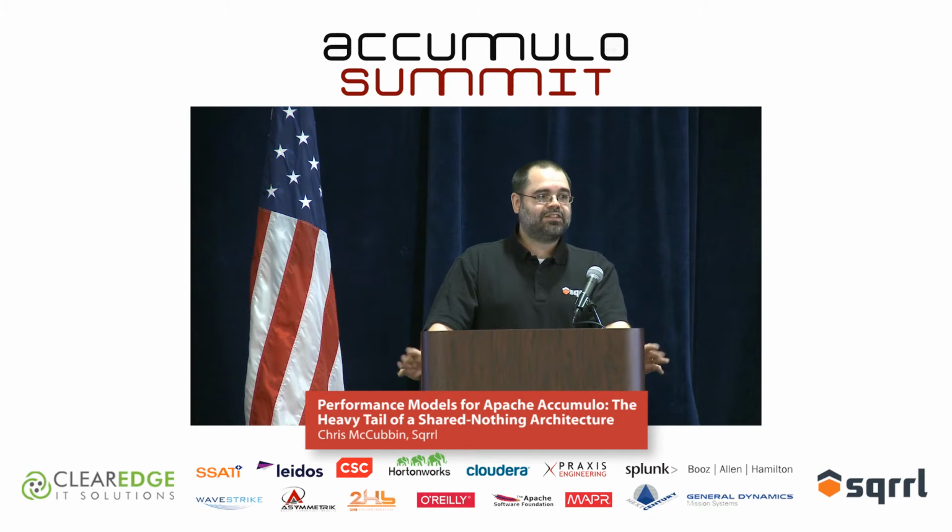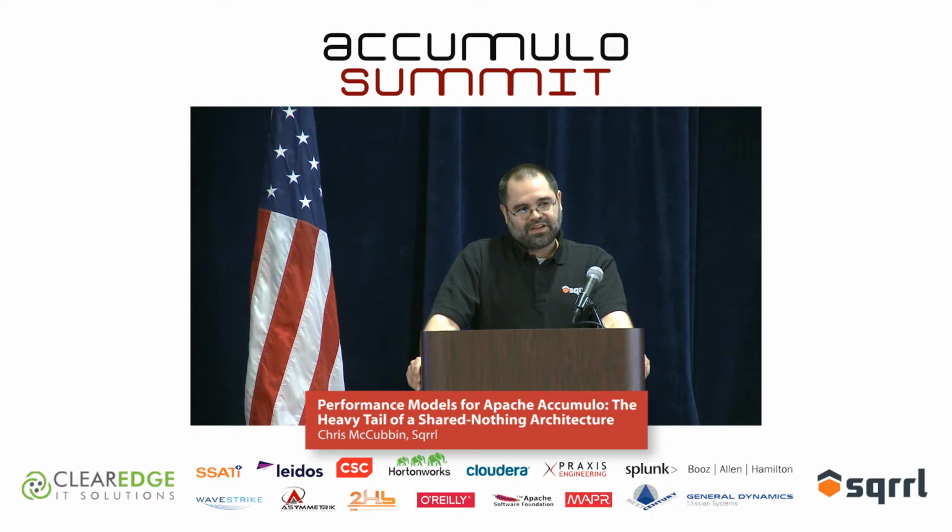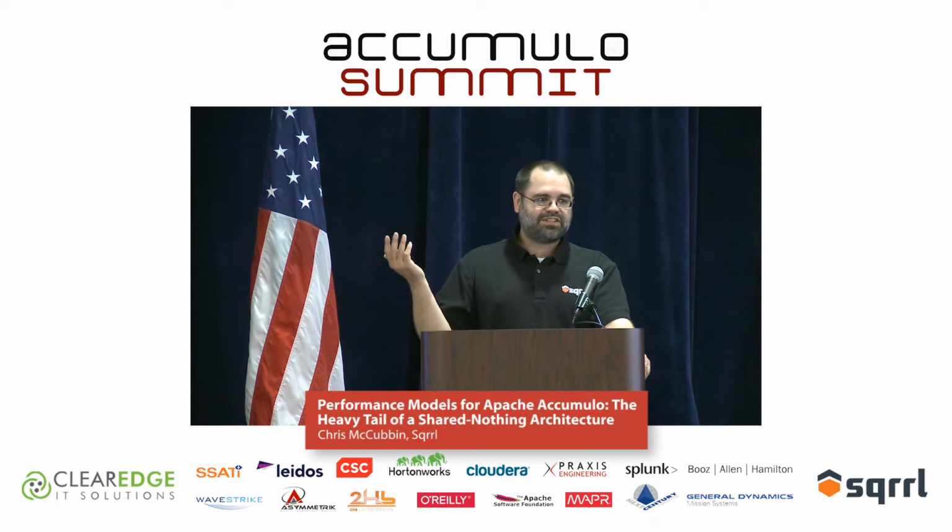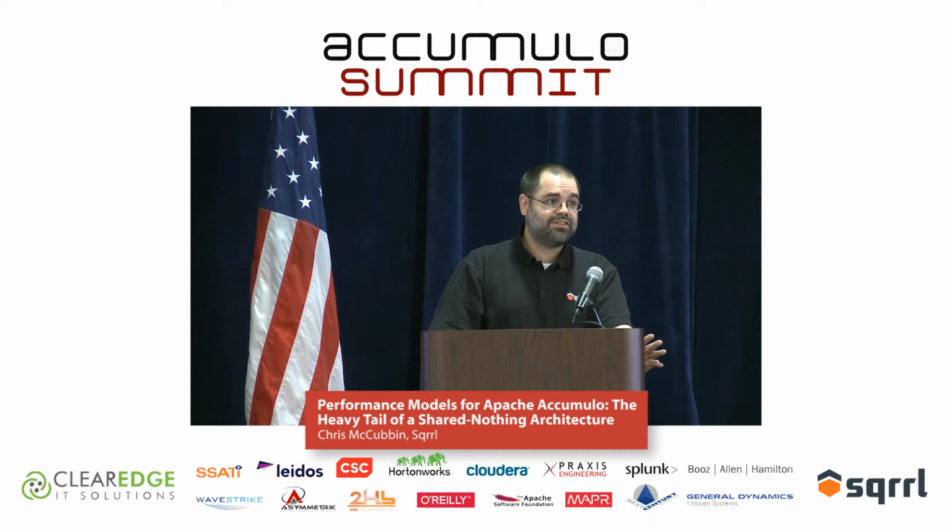Amdahl's law means if 20% of your time is spent doing something, if you make that go away, you still have 80% left. So if you determine that something you thought was bad is only taking up 1% of the time, you could spend hundreds of hours on it and you're not going to improve your application much. You have to focus on the things that make a difference.